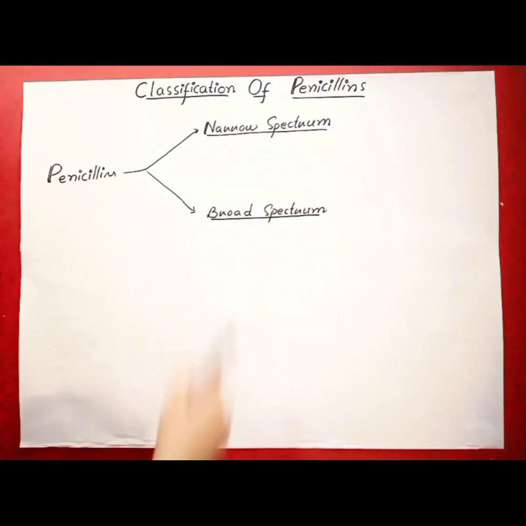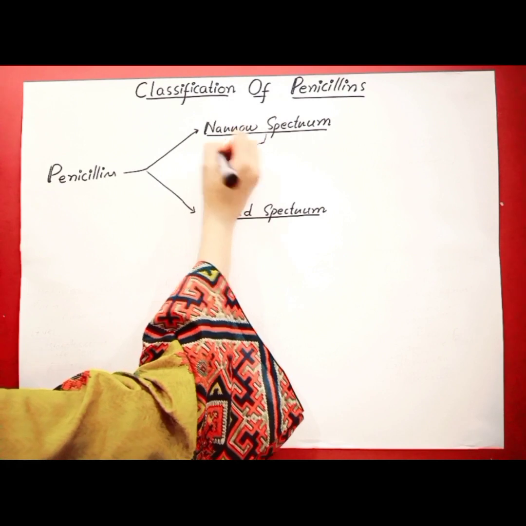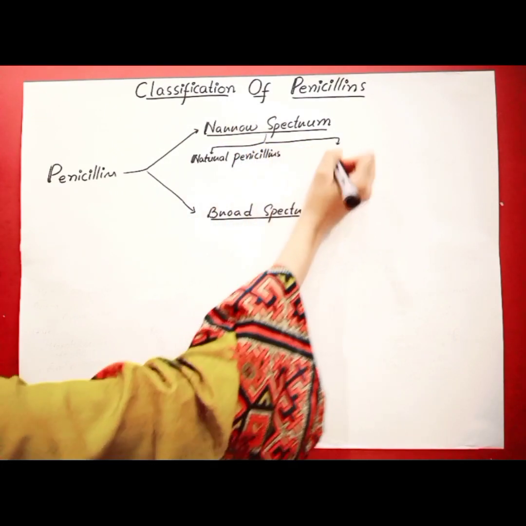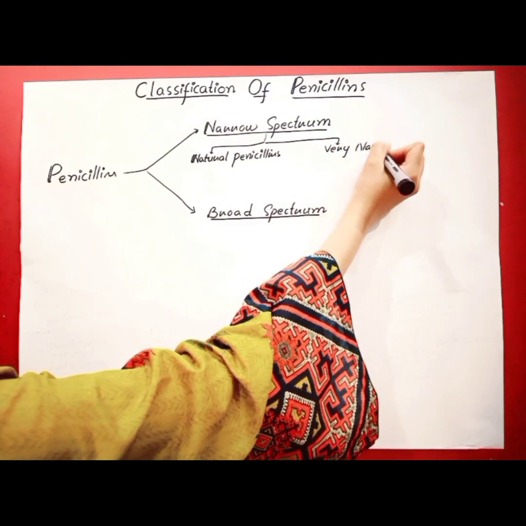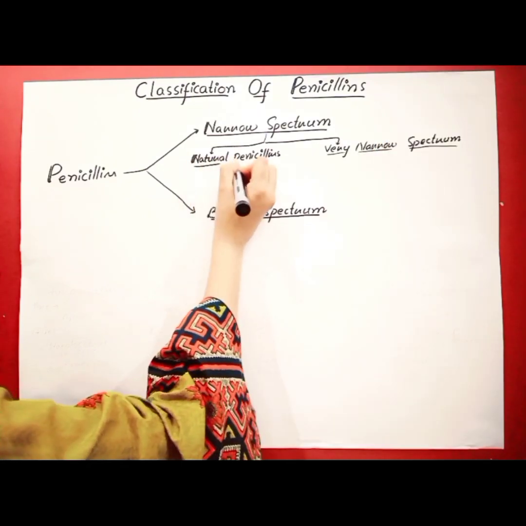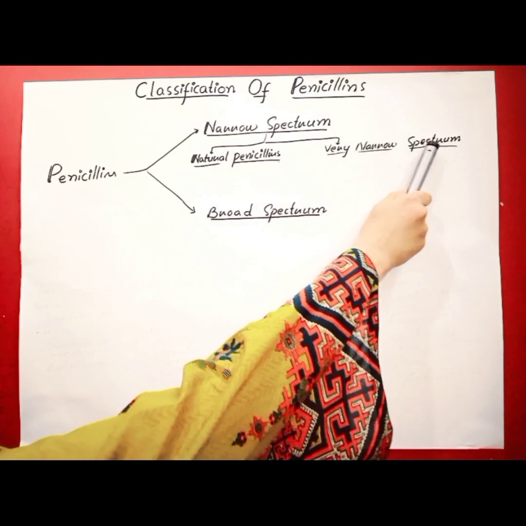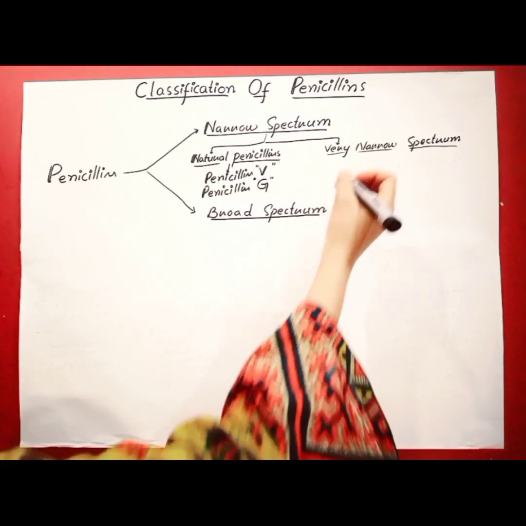Narrow spectrum penicillin is further divided into natural penicillins and very narrow spectrum penicillins. In natural penicillins, we have penicillin V, while in very narrow spectrum penicillins, there are anti-staphylococcal penicillins.